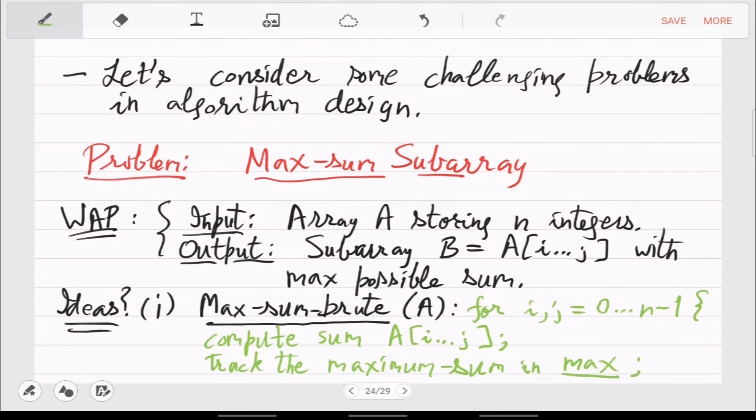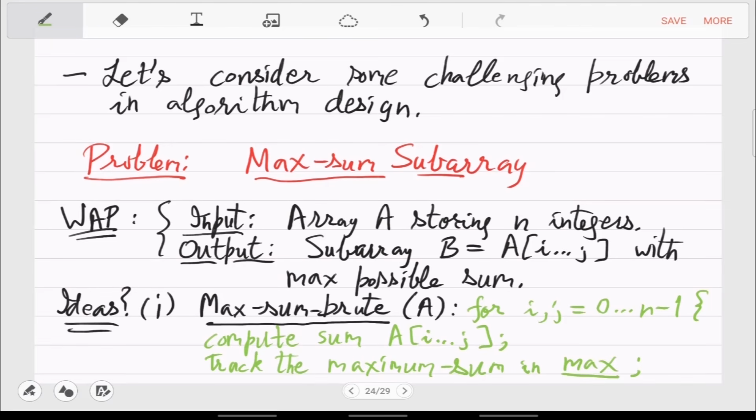That is a variable you can declare with minus infinity. Whenever you see something bigger than that, it will get updated whenever a chance arises. So ultimately you will get the max sum.